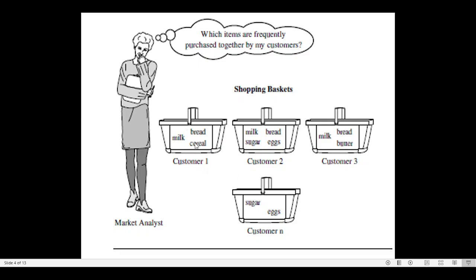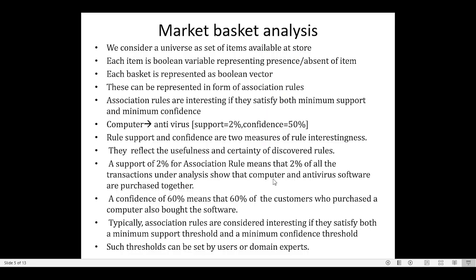As you can see, three items are purchased together by customer one, four items by customer two, three items by customer three, and two items by customer n. So the market analyst is basically tracking the frequent patterns appearing in transaction details.